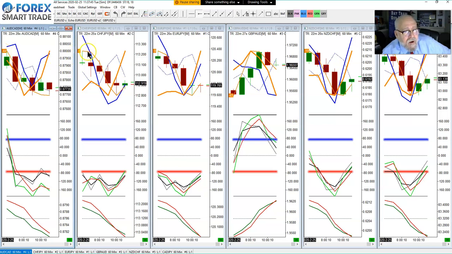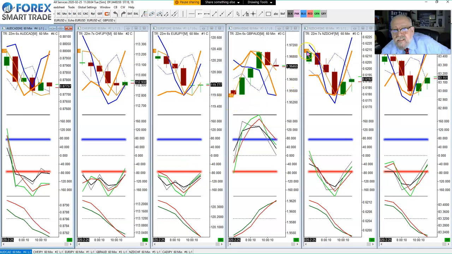Minus 9, I've got part 1 of the signal. When I look down to the majors and minors, they're still all oversold and turning up. So, no. Minus 9 on Euro Yen, still turning up. Minus 83, not close enough. Minus 19, not close enough. And on the Canadian Yen, minus 12, so not close enough.